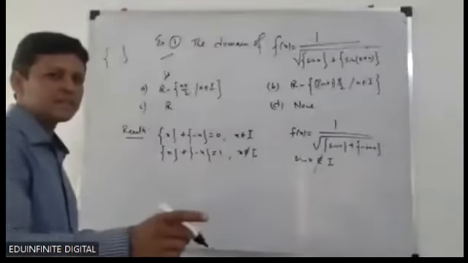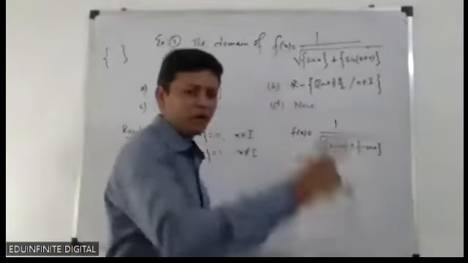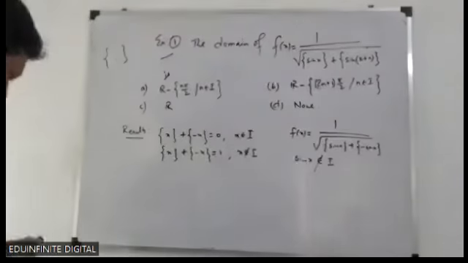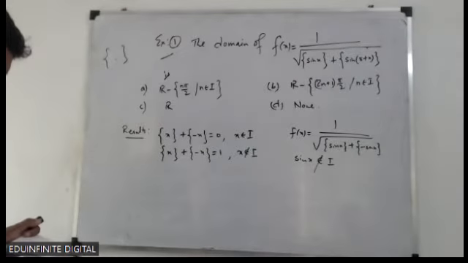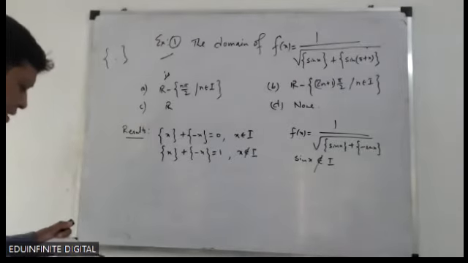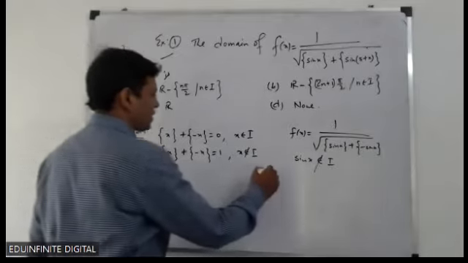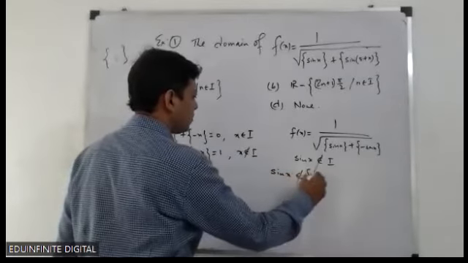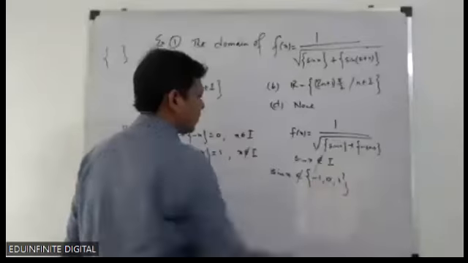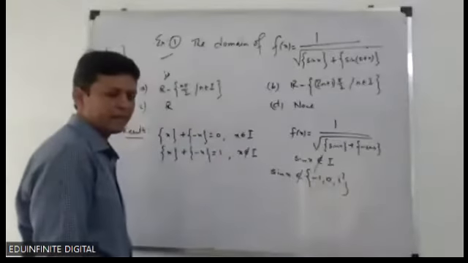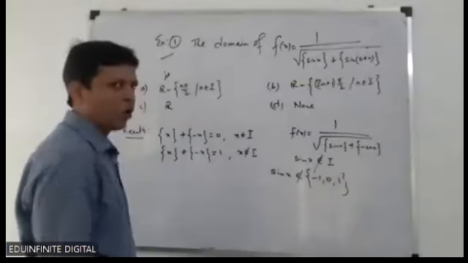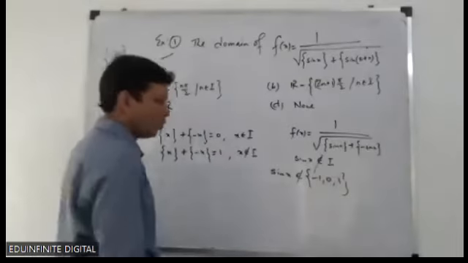That means sin x is not equal to minus 1, not equal to 0, not equal to 1. Option B. Well, what does that mean? x is not equal to n pi by 2.